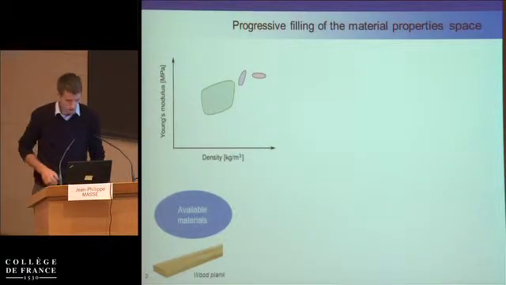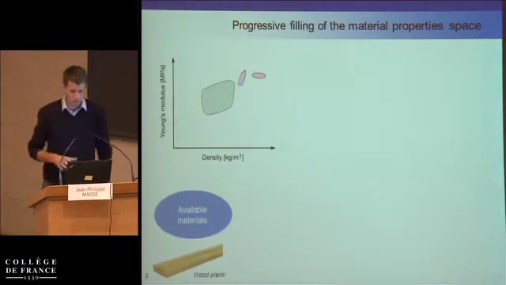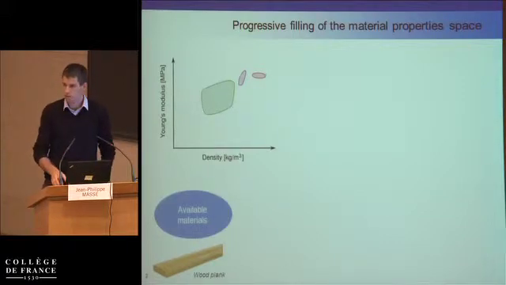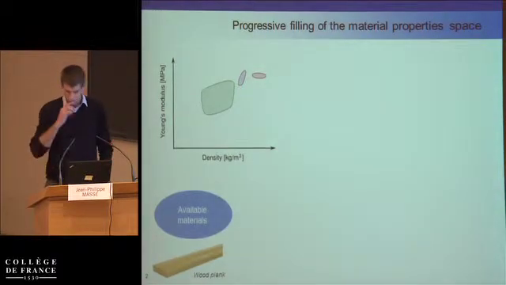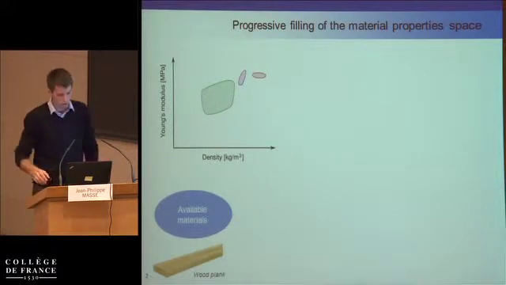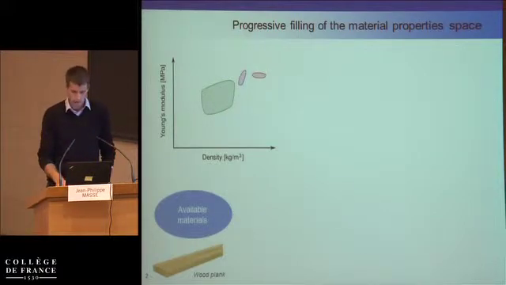I'm not going to take a long time to introduce architecture materials and filling holes, but just remind the concept. First, we start with available materials, natural materials. And here I plot a chart of Young modulus versus density.